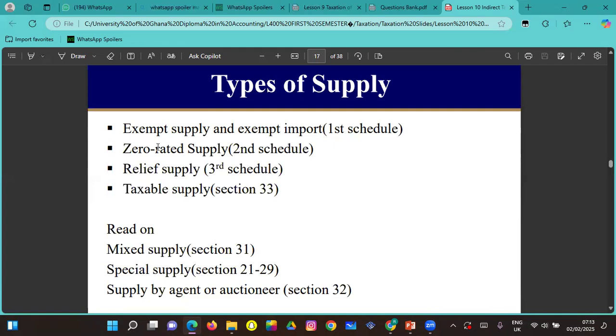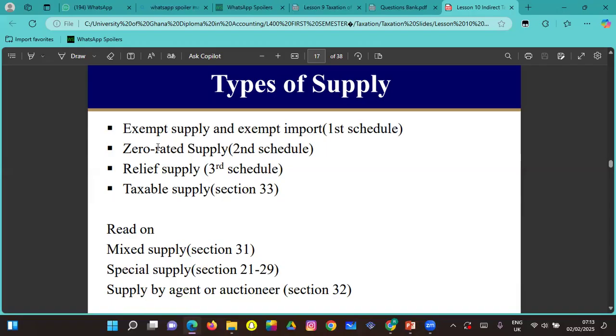So now we were told to read on mixed supply, special supply, and supply by agent or auctioneer. Basically, mixed supply is goods or services that are produced together. Let's say a phone firm, for example, cannot just supply a phone, but it comes with a battery.